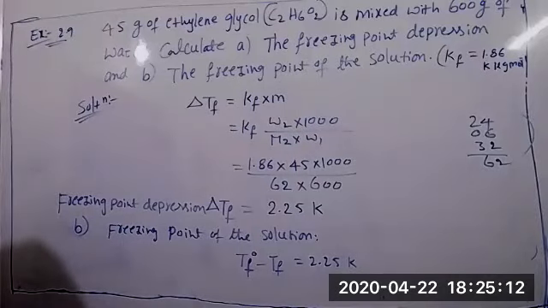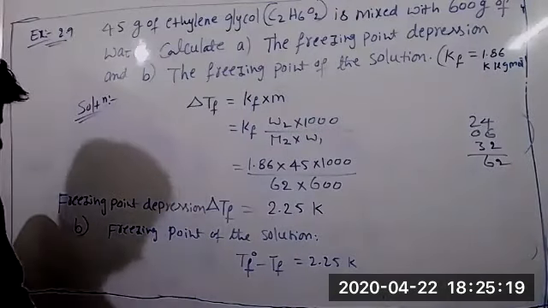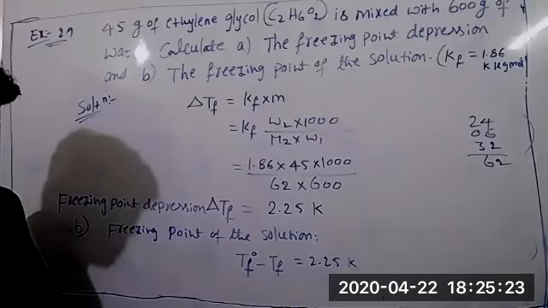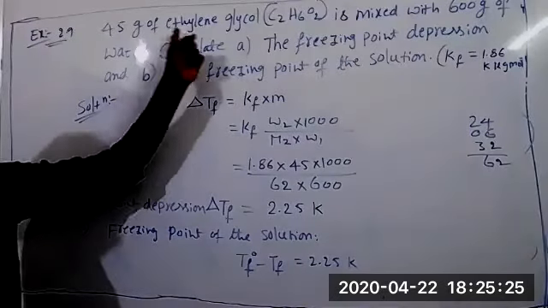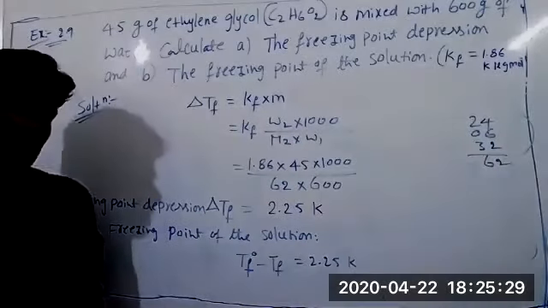Sir, I didn't understand the second question. The second question is B, freezing point of the solution. We prepare a solution by mixing 45 grams of ethylene glycol in 600 grams of water. That is the solution.